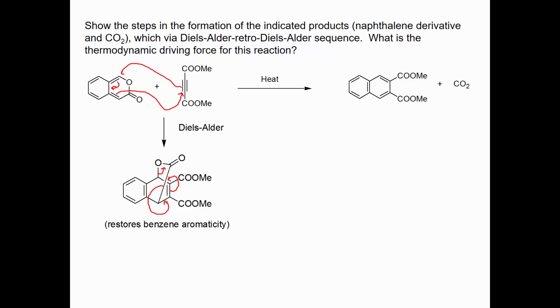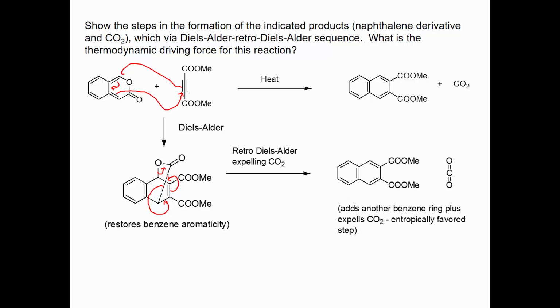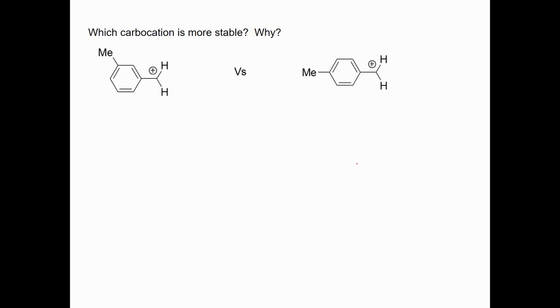And this produces carbon dioxide, actually a very stable molecule, which leaves the system. And it produces the naphthalene ring system. So now we have two benzene rings. So we created two benzene rings from none. And this is a very thermodynamically favorable process. It's also favored in an entropy sense since it expels carbon dioxide as well.